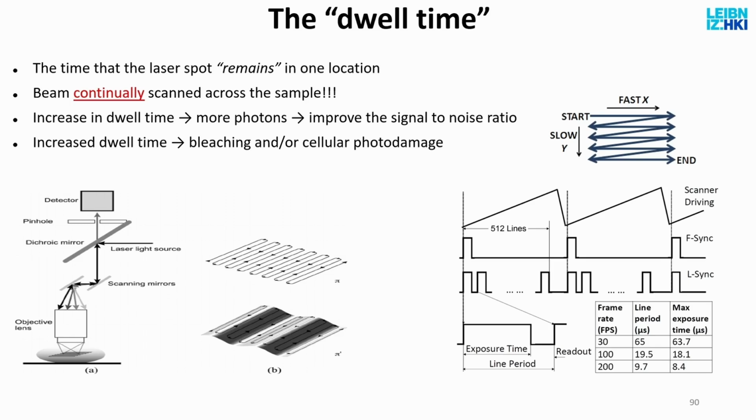1.2 microseconds is actually usually what we record. So the laser scanning confocal microscope is completely virtual. It's up to you how fast the pixel is collected and how big the pixel is. So it's not like the camera-based fluorescence microscope.